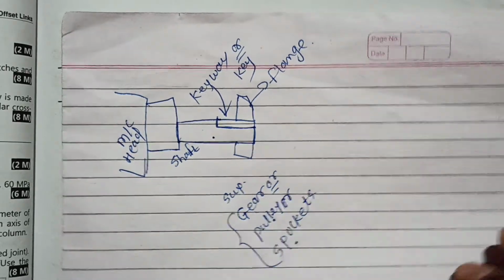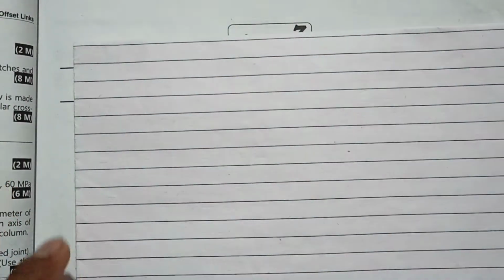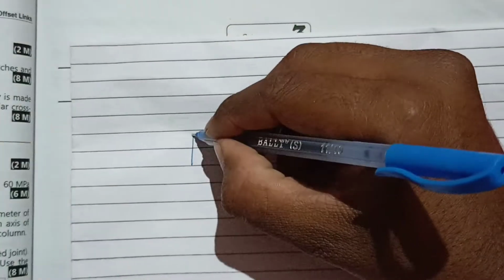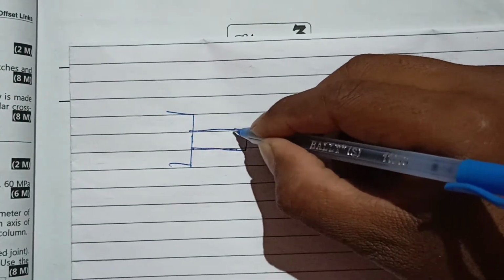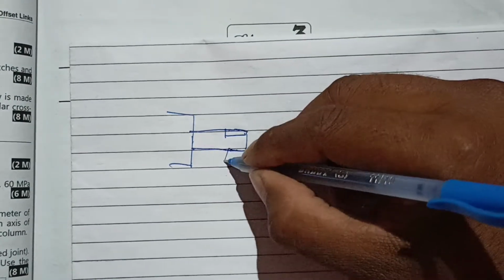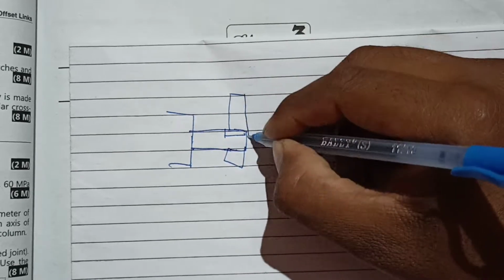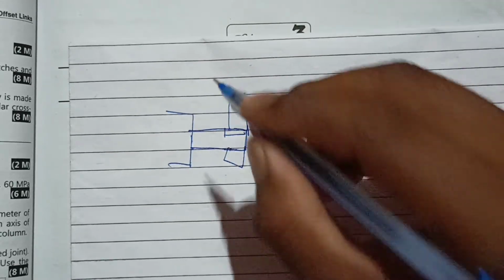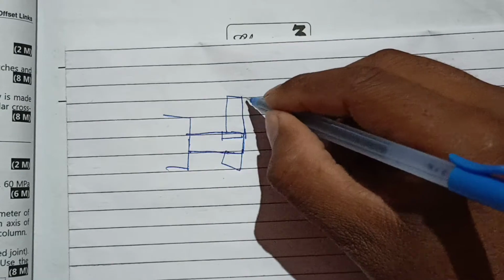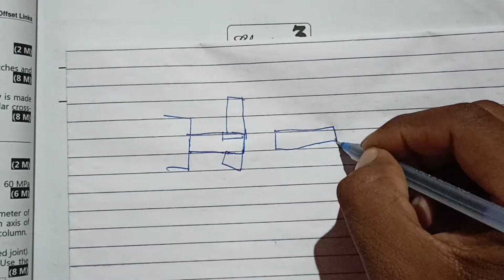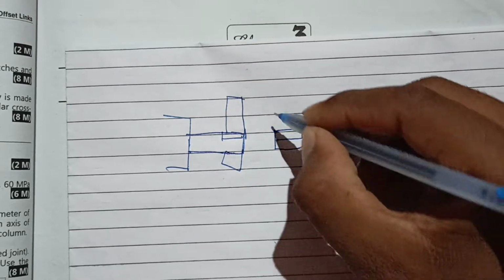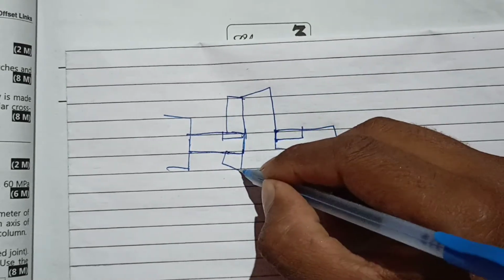Now I will explain this point once again. See here, this is the machine and this is the shaft. Here a keyway is provided, and this is a flange. Then I use another shaft, another keyway, and another flange.